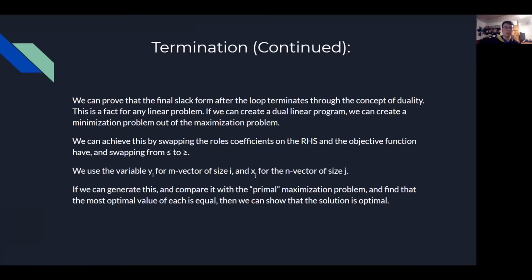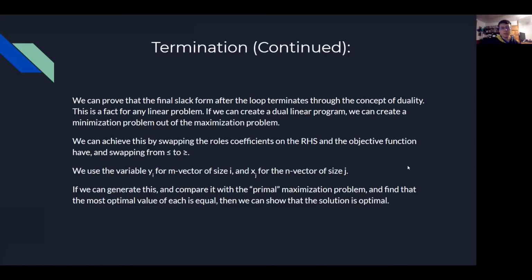And to do this, we take the original one, we swap the roles of the coefficients on the right-hand side and the objective function, and then we will swap all of the less than or equal to inequalities to greater than or equal to. And then we'll start to use the variable y of I as an m vector of size I, and x sub j for the n vector of size j.